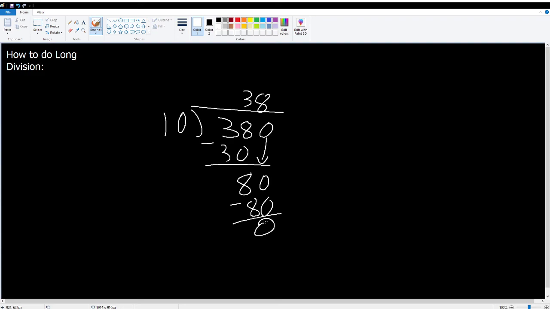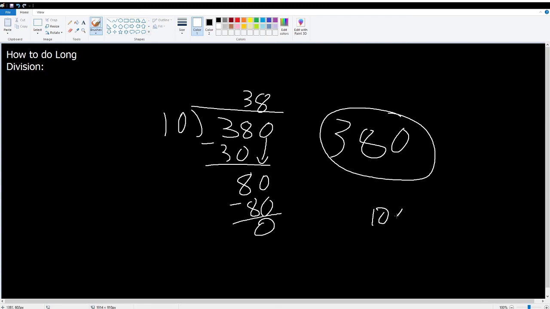Subtract 80, I get 0, right? So 10 times 38 is 380. Whenever we multiply by 10, we just multiply by 1 and add a 0, right? So 38 multiplied by 1 is 38. You add a 0 and you get 380. So in other words, 10 times 38 is 380. Okay.